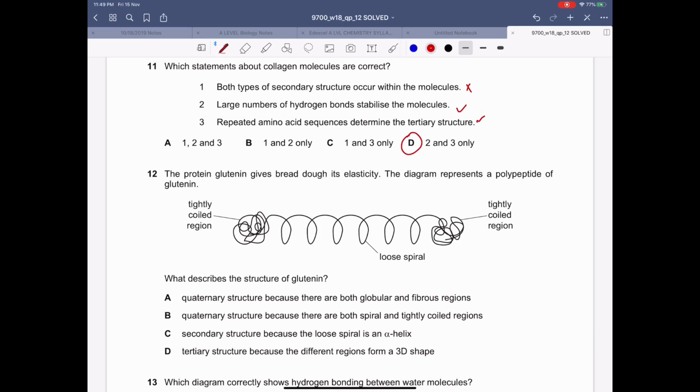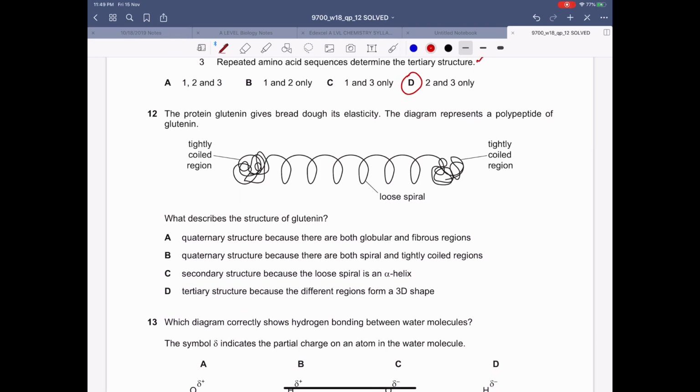Alright. The protein glutenin gives bread dough its elasticity. The diagram represents a polypeptide of glutenin, with tightly coiled regions on the two sides and then a loose spiral. What describes the structure of glutenin? Okay, let's see.